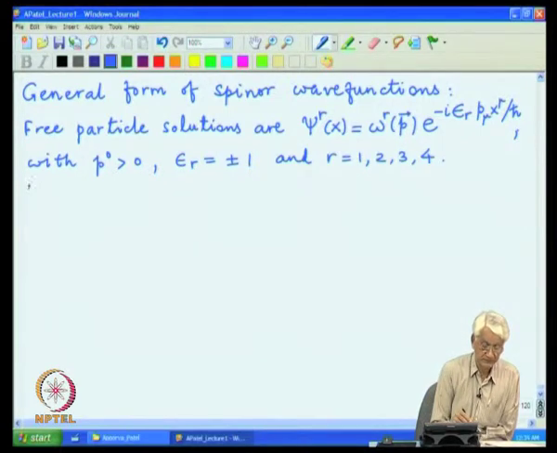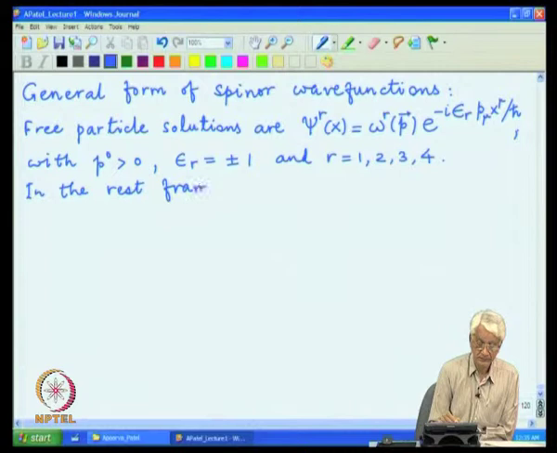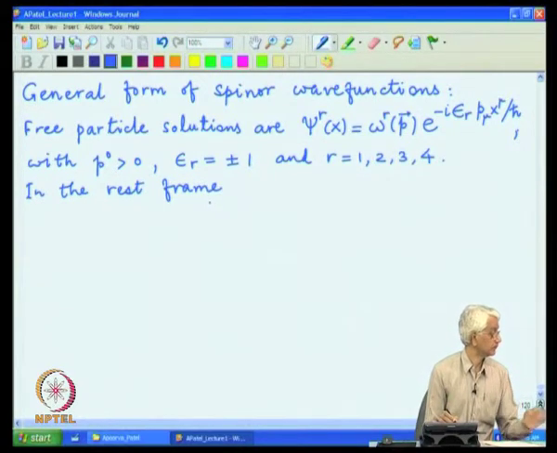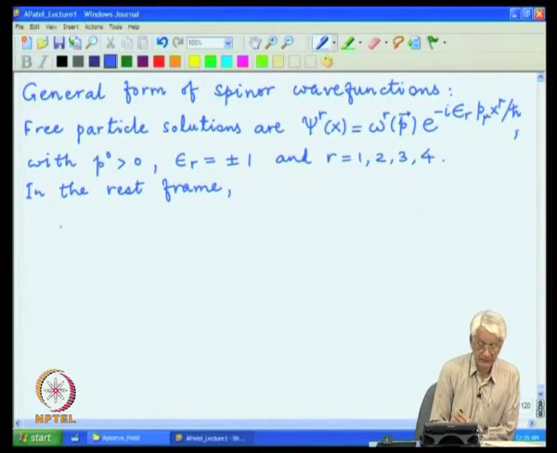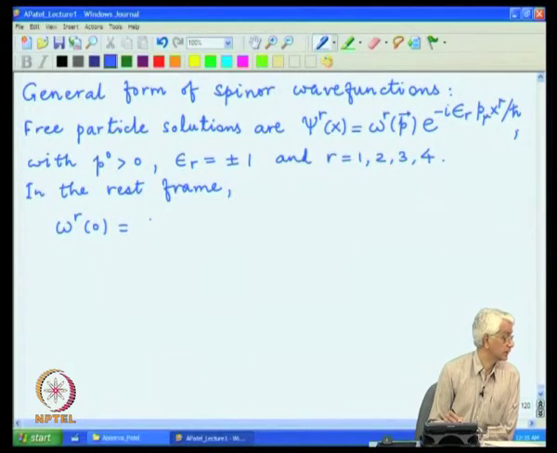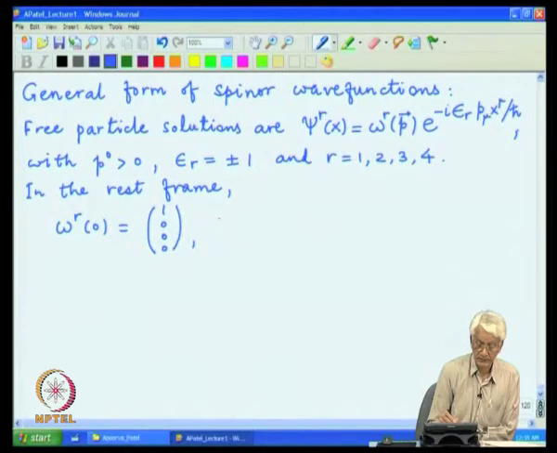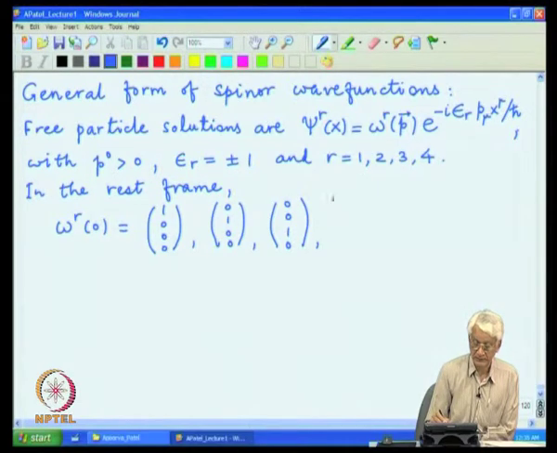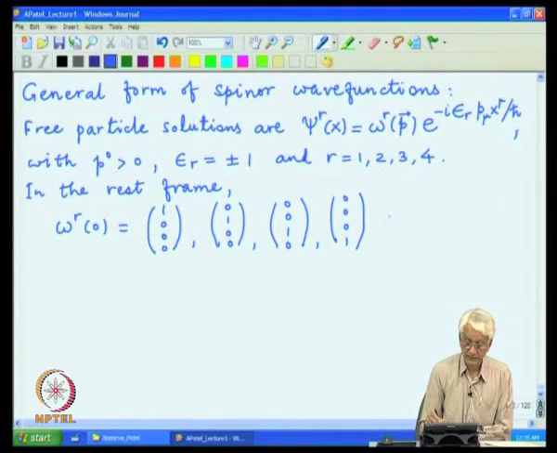In the rest frame, we can just take the 4 values rather simple mindedly as just the 4 components 1 0 0 0, second one will be 0 1 0 0, third one will be 0 0 1 0, and fourth one will be 0 0 0 1, and this basis is orthonormal.